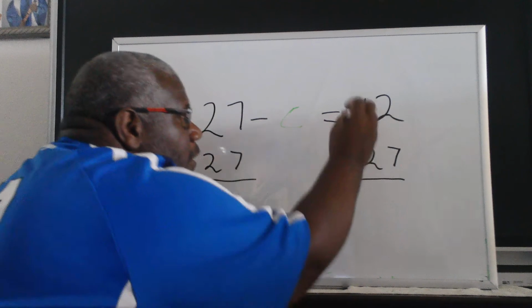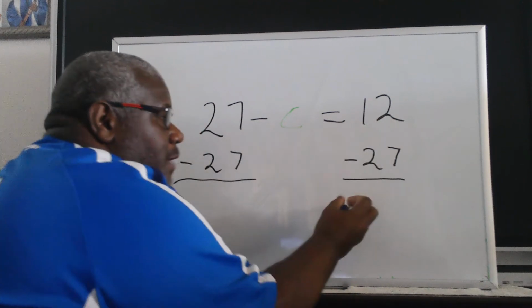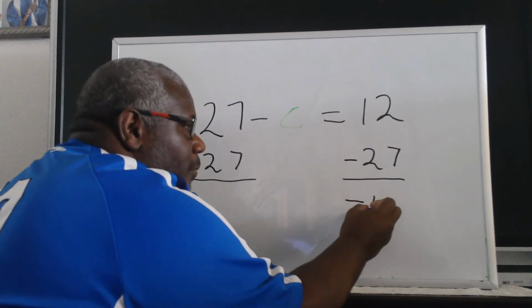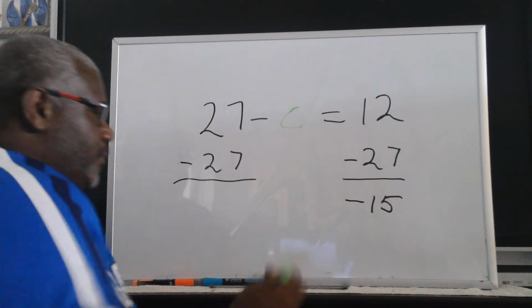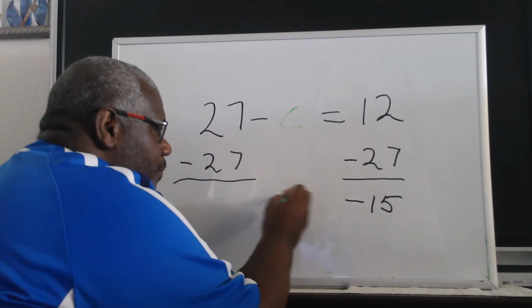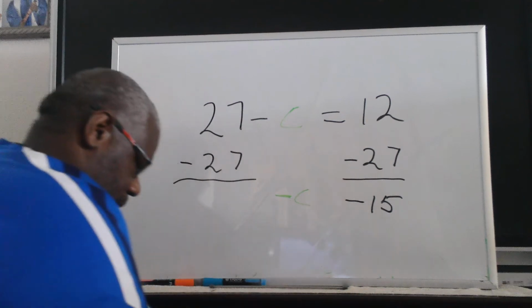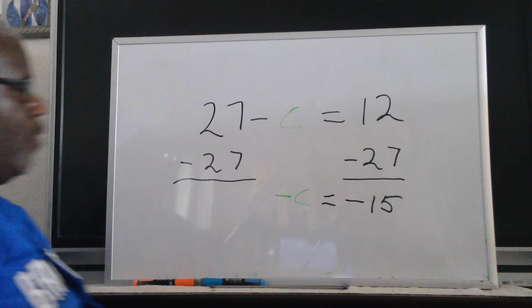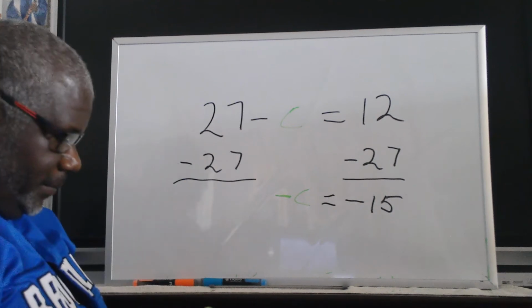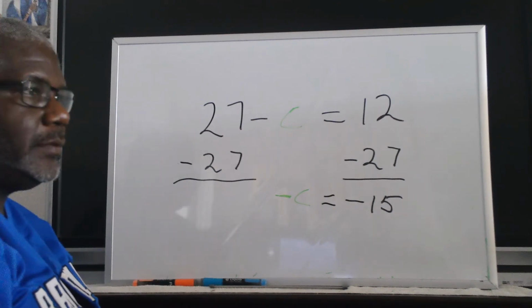Now, we know that this is bigger than that, so it's going to be a negative number, right? But here's the kicker. What's wrong with that answer? I'm going to give you 5 seconds.